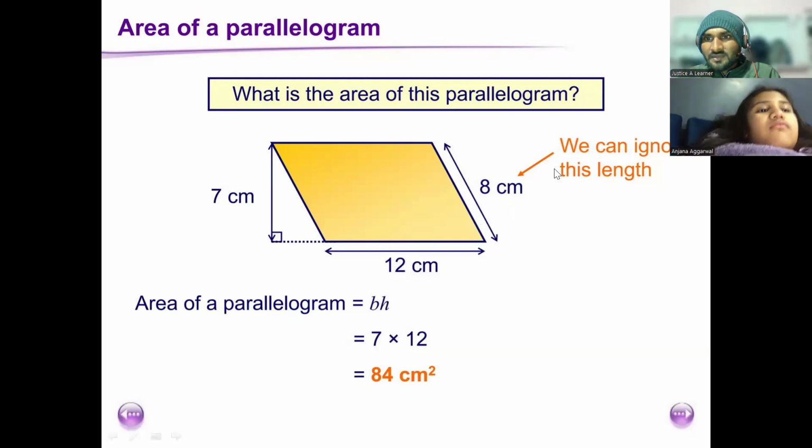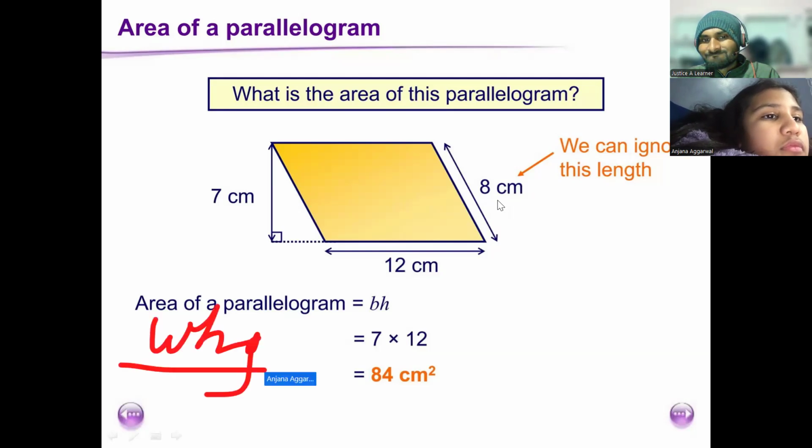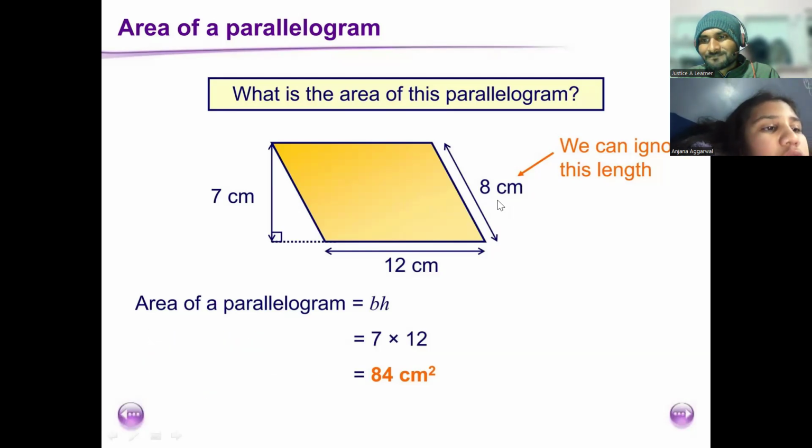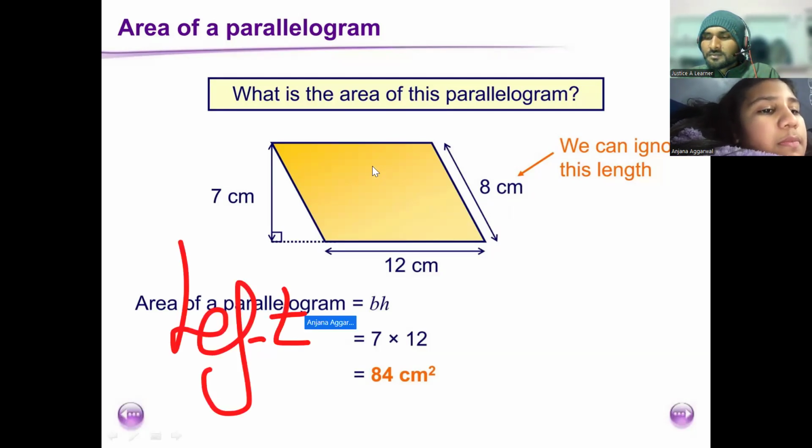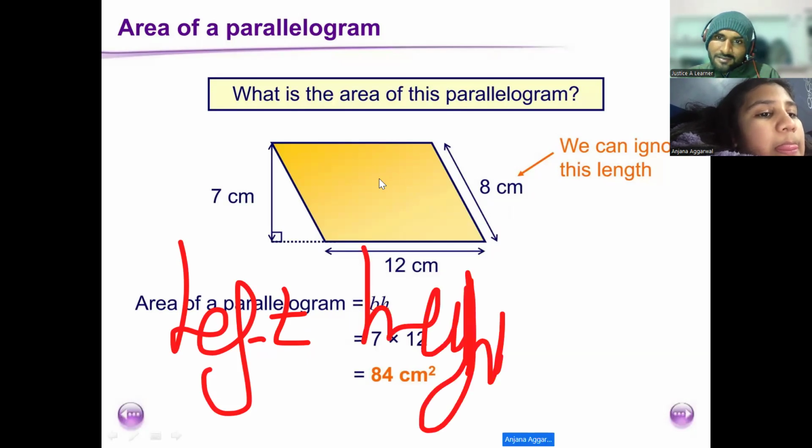This is 8 centimeter. We can ignore this side because this is information we do not need. 8 centimeter is not needed because 8 centimeter is not height. Did you understand that? The left hand side is always going to be height. It's not like that.